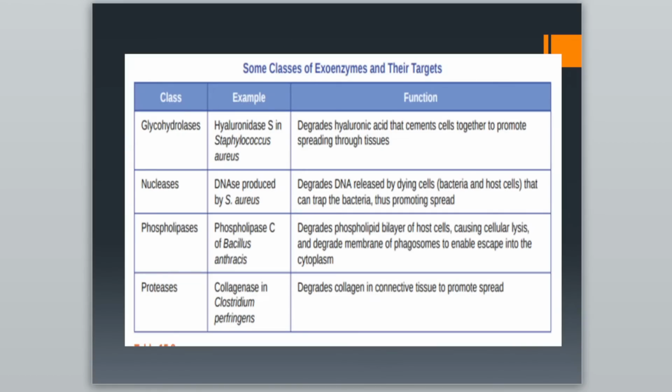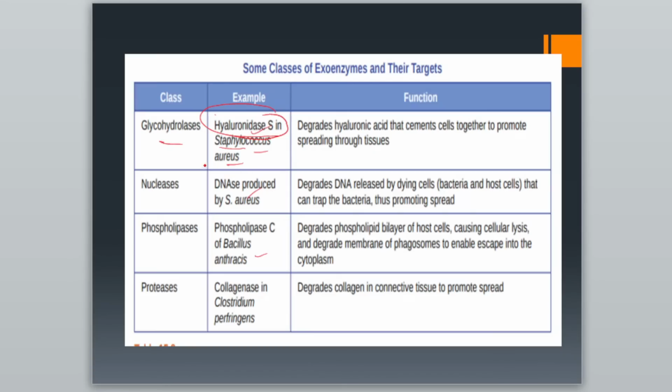Class 1 is glycohydrolases. An example is hyaluronidase in Staphylococcus aureus. You can be asked a question about which enzyme Staphylococcus aureus has, so you can write hyaluronidase.